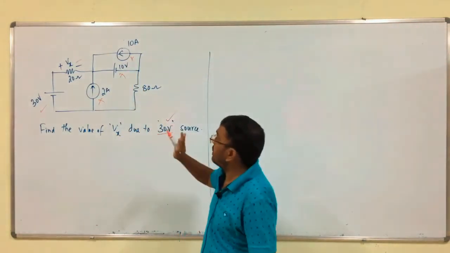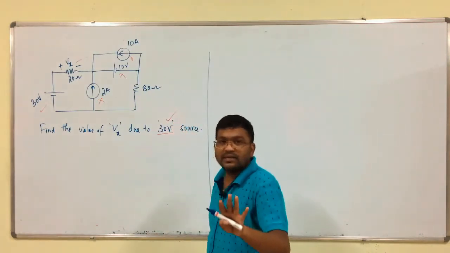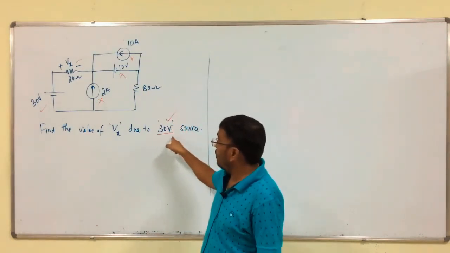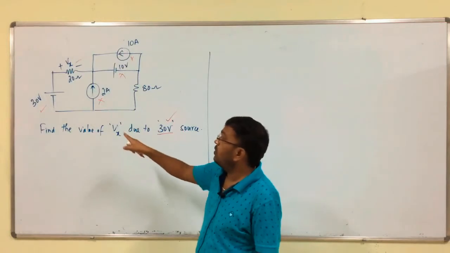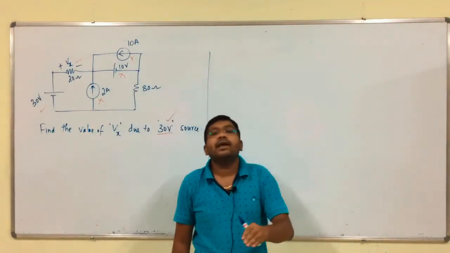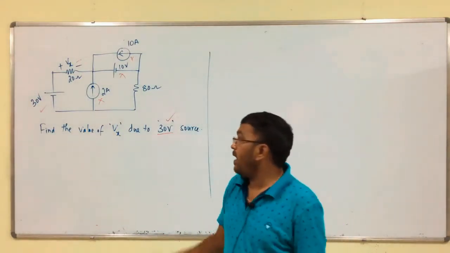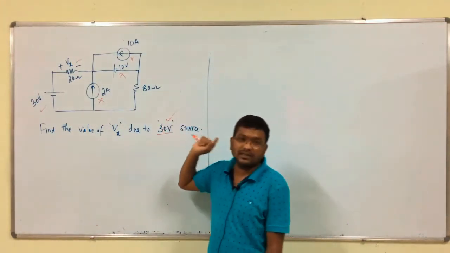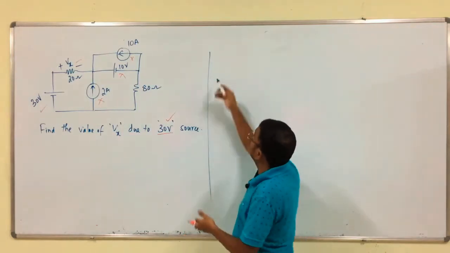So, from this circuit we are going to get 4 cases, but he wants the value of Vx due to this voltage source in the active case. Okay. Like this we are going to get the value of Vx. Okay. Solution.